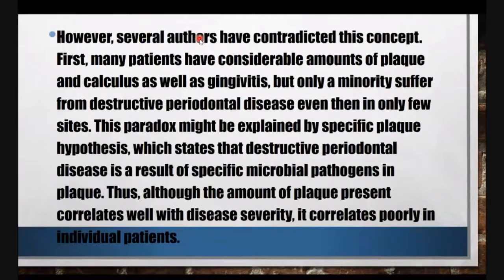So this paradox might be explained by a specific plaque hypothesis, which states that destructive periodontal disease is a result of specific microbial pathogen in plaque. The amount of plaque present correlates well with disease severity: the more plaque, the more disease severity, and correlates poorly in the individual patients.